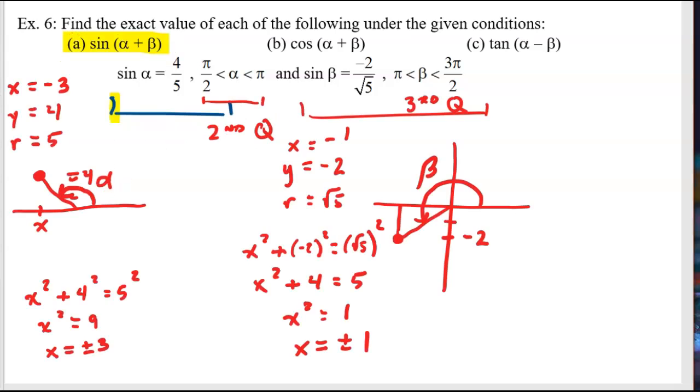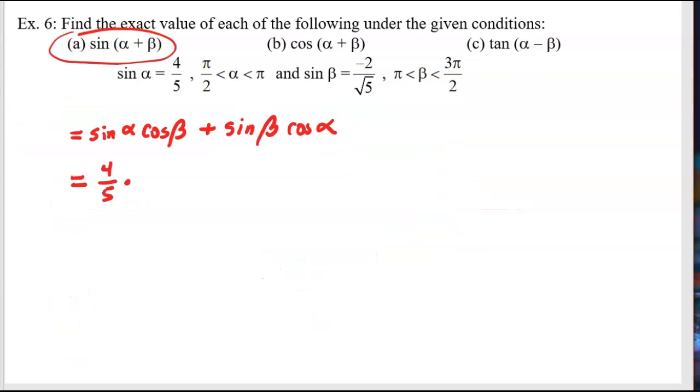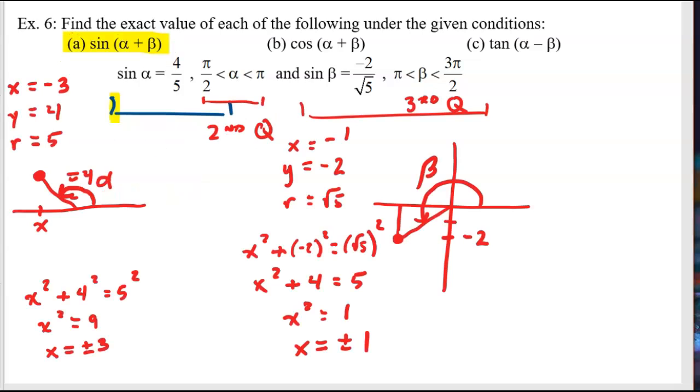Cosine of beta, so let's go back to our work. For beta, cosine is going to be negative 1 over root 5. So cosine of beta is negative 1 over root 5 plus sine of beta. For beta, sine is going to be negative 2 over root 5, which was given.